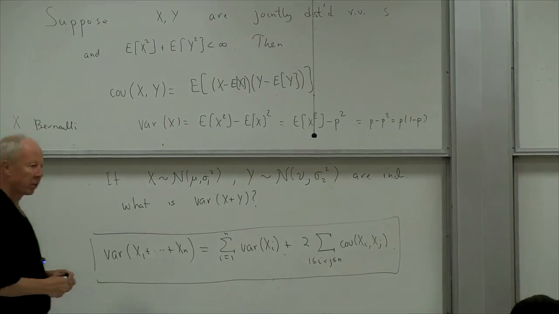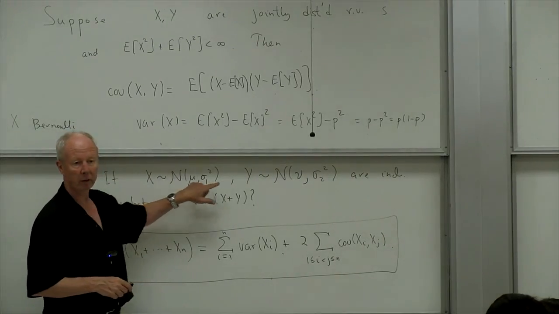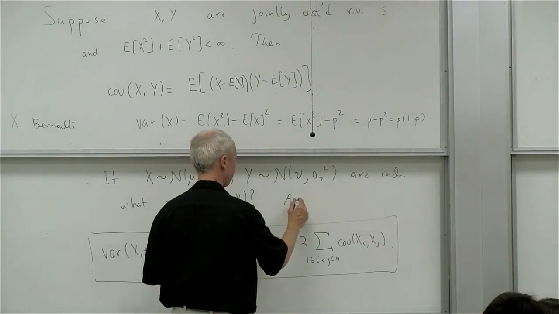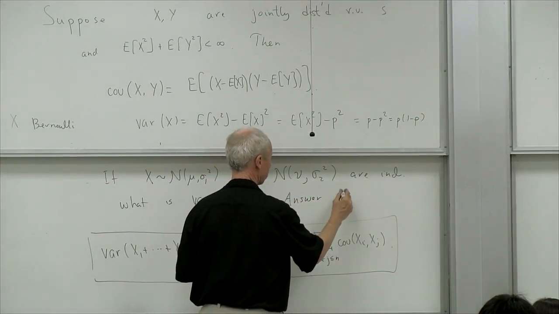It would be the sum of the variances. What's the variance of x? Sigma_1 squared. What's the variance of y? Sigma_2 squared. So the answer is sigma_1 squared plus sigma_2 squared.